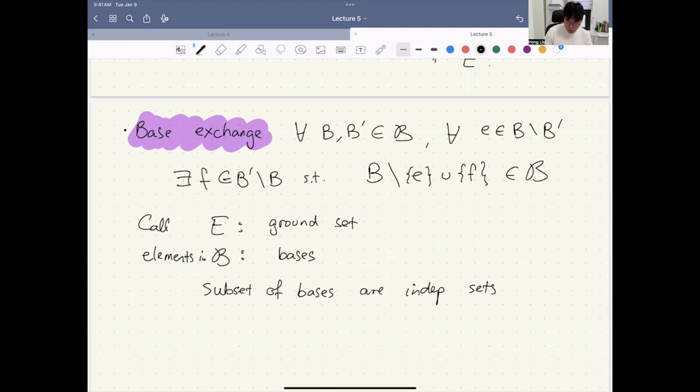A subset of E is dependent if it's not independent.